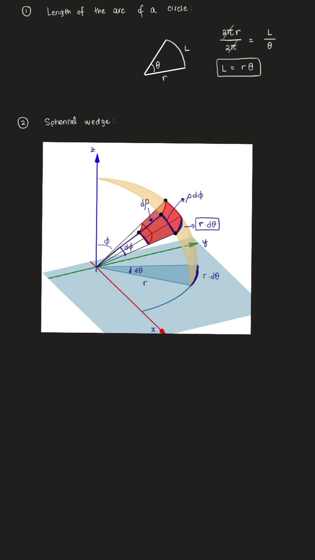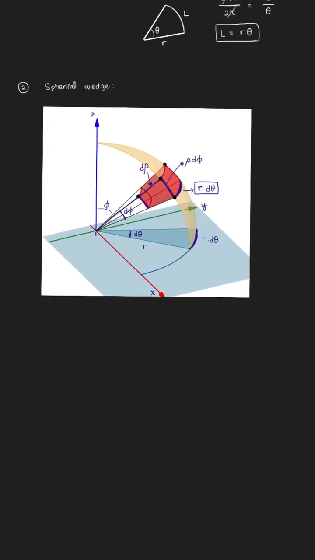So we've got a little box whose dimensions are change in rho, times rho times change in phi, that comes from a little arc length caused by phi, and r times change in theta caused by a little change in the angle theta. So let's go down below, and to get the volume of that little wedge, of course, I'm assuming it's a very tiny little wedge.